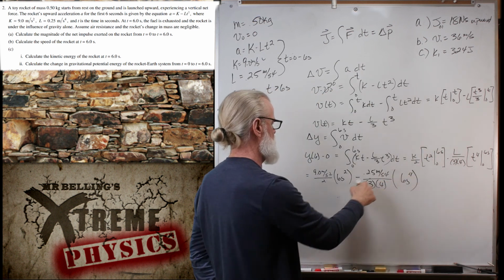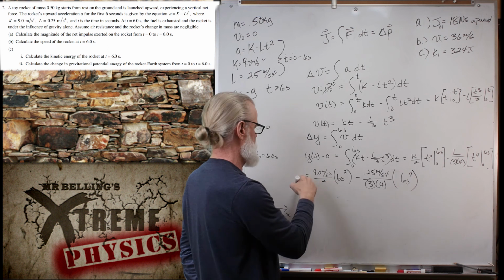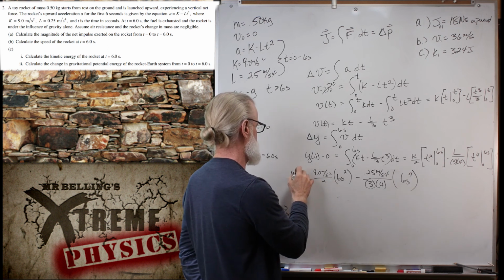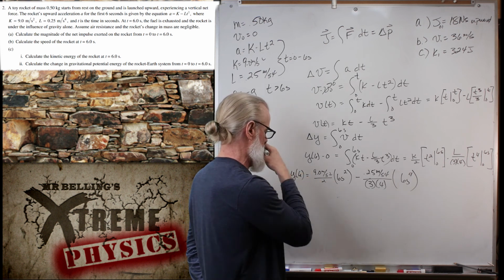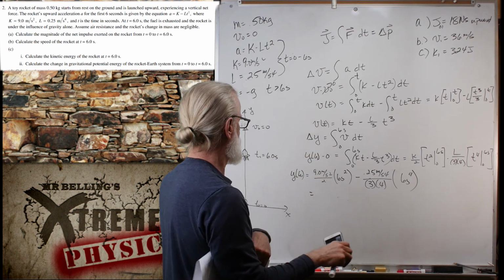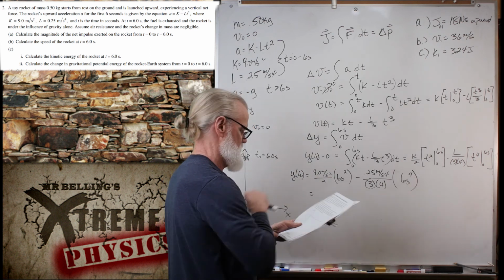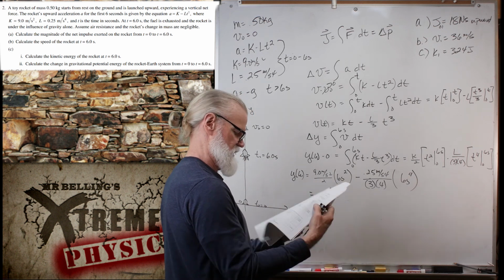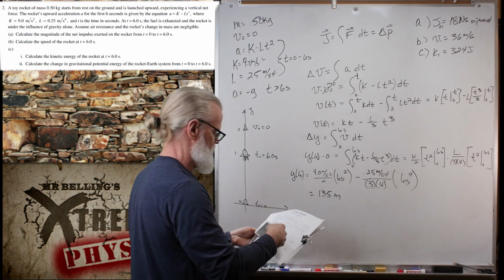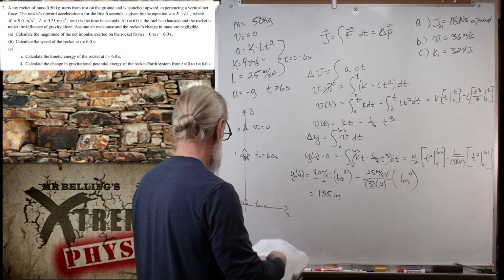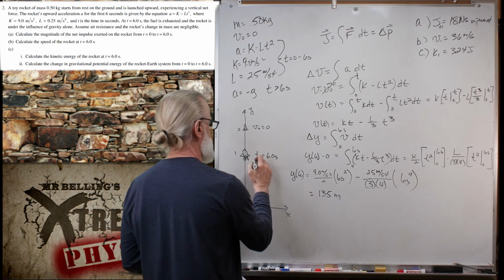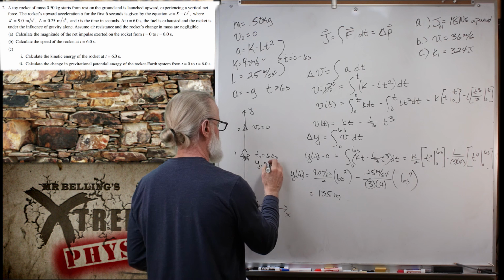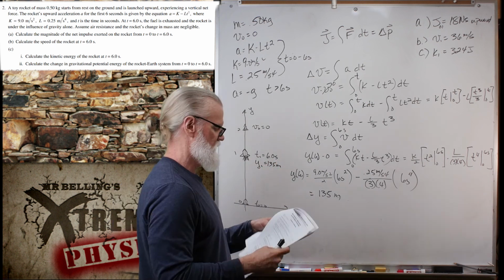So we're definitely going to end up with meters here and meters here. All right, good, our units are working. So y at 6 seconds is 135 meters. That's what the magic rectangle says. 135 meters high. Pretty high. I'll put that there. Y equals 135 meters. That's not what they asked, though.